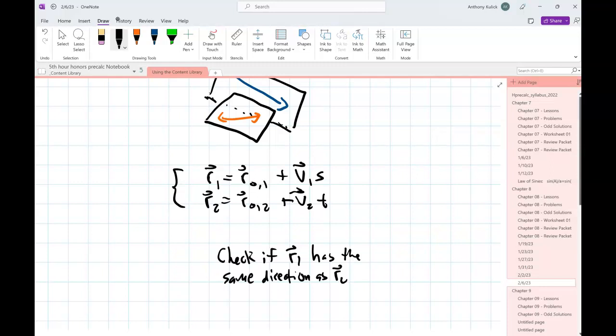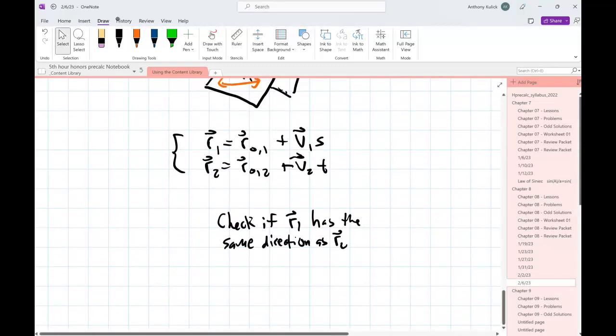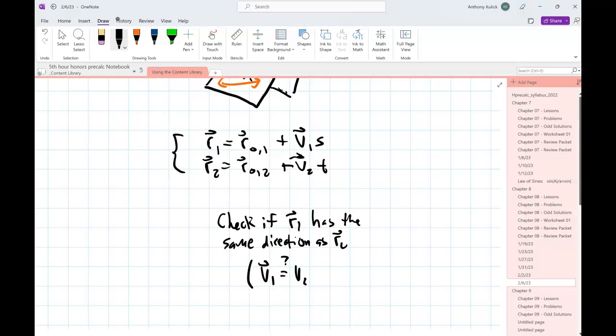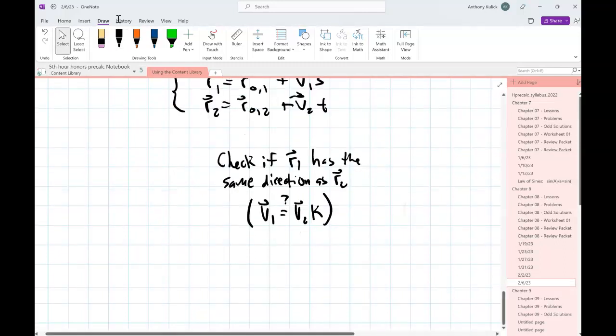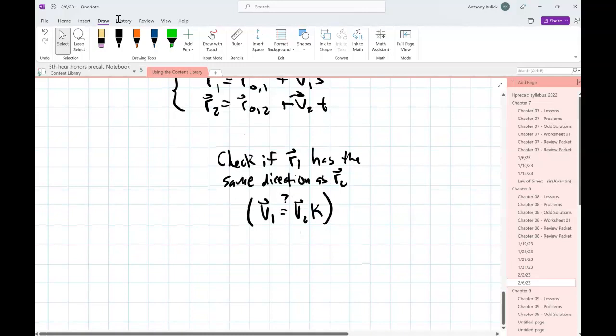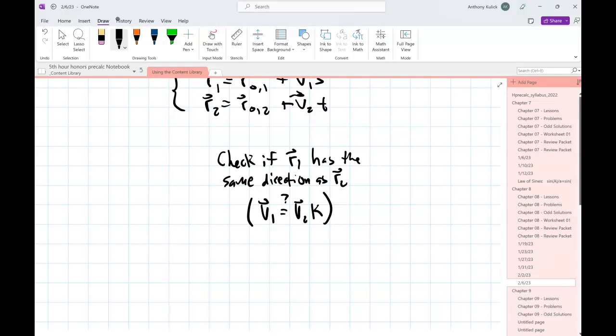First thing we're going to do is check to see if R1 has the same direction as R2. What we do is take V1 and see if I can write that as a scalar multiple of V2. So I solve that system of equations for K and check to see if I get the same K every single time, just like we did in 2 dimensions.